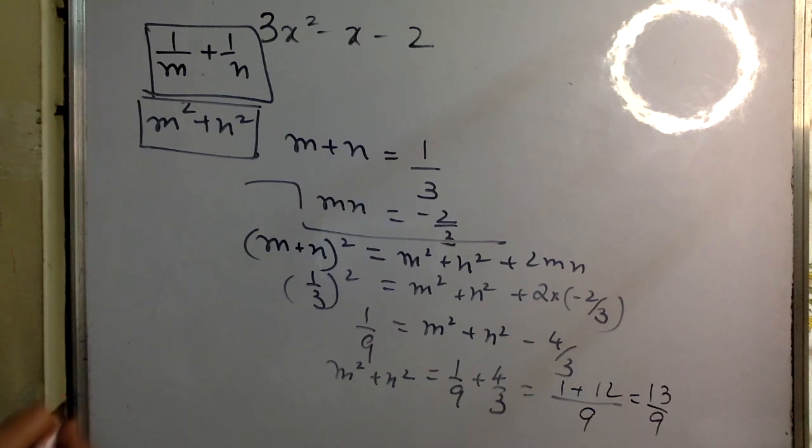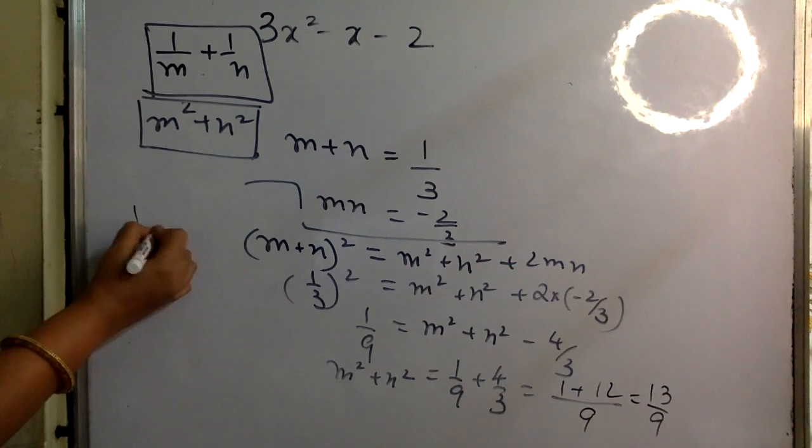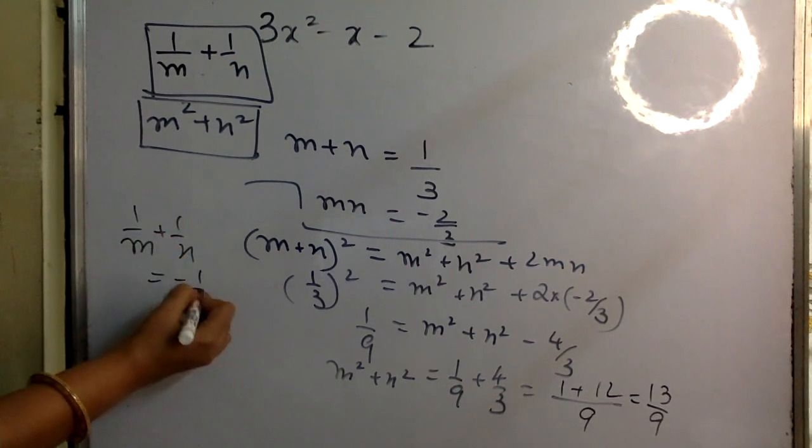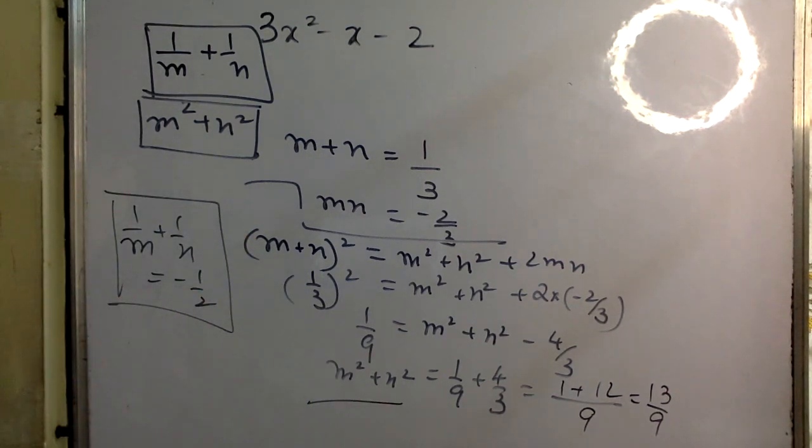So we have got both the values. The first value, 1 by m plus 1 by n, we got as minus half, and here is the second value that is wanted. We've got the value here too.